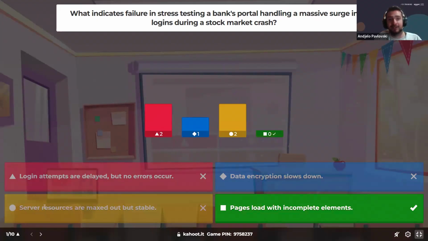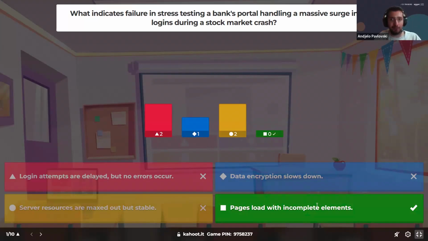We also have a few answers for server resources are maxed out but stable. This is basically more of a scenario for when you finish the stress testing. So this is what you want to expect to a certain degree, but this is not a failure indicated, because again, it is stable, so there's no failure here. And then the answer that we're looking for is pages load with incomplete elements, because when something is missing from a page, that shows us that we have an issue.